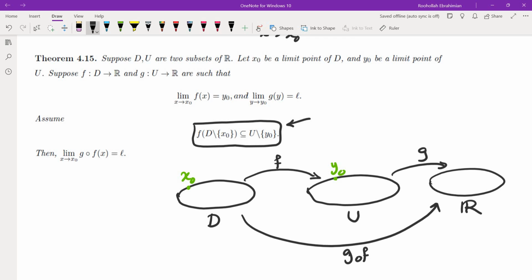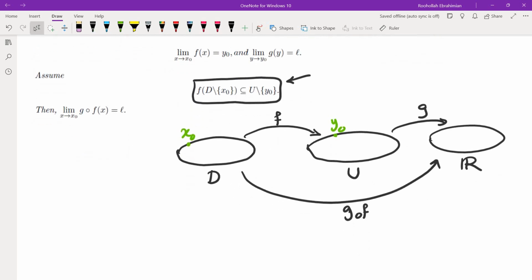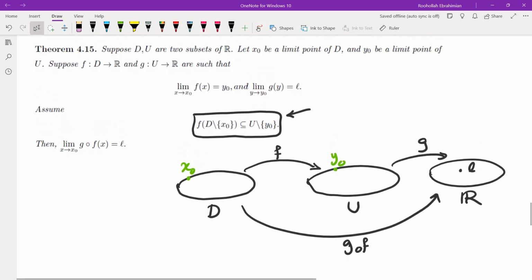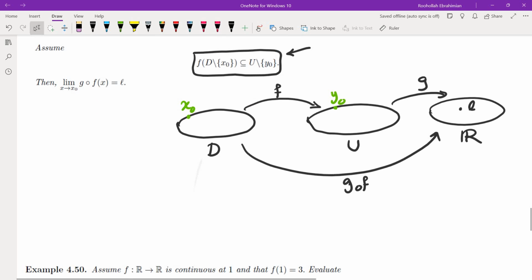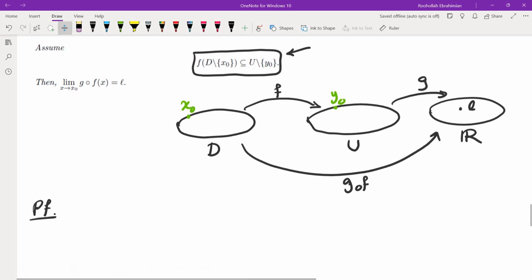So f of x approaches y naught and g of y approaches L. Then when you compose them, you are able to get to L. So let's say this is the limit L. So you're able to conclude that the limit of g of f of x is in fact L. So it's not very difficult to see why that theorem is true, and I'm going to actually prove this theorem.